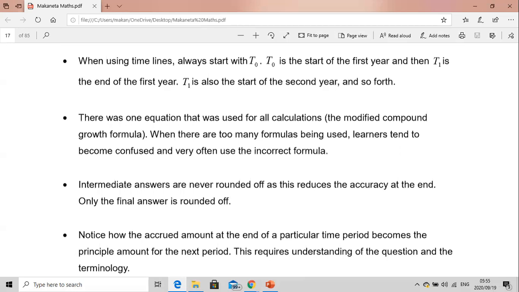We have shown you this many times. So at the end of T1, meaning that at the end of the first year, you'll have the accrued amount. That accrued amount becomes the principal amount for the second year. At the end of the second year, you'll have that has been accrued, and that amount becomes the principal amount for the third year, and so on. So basically, that is what you do. And of course, this requires that we understand the question together with the terminology.